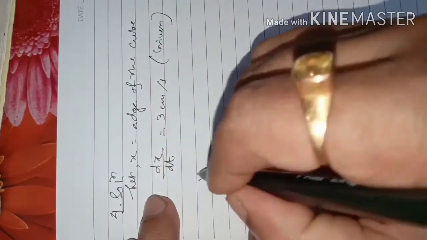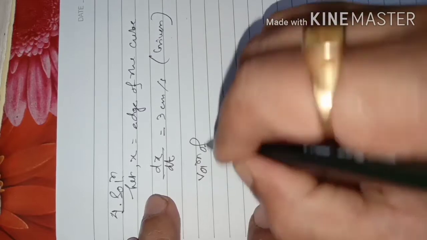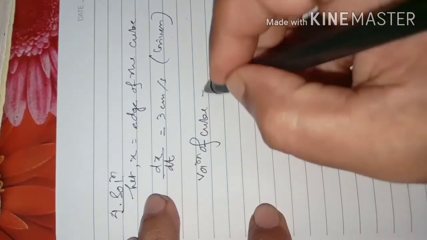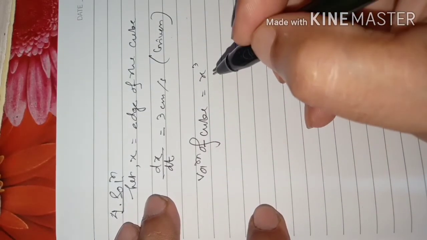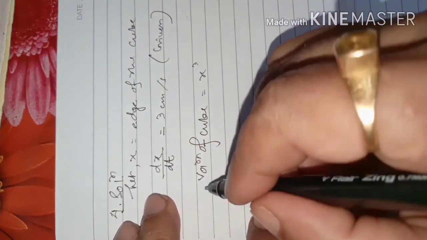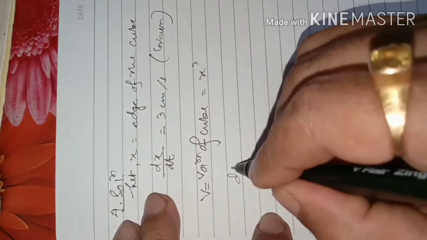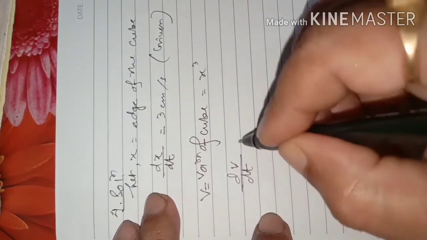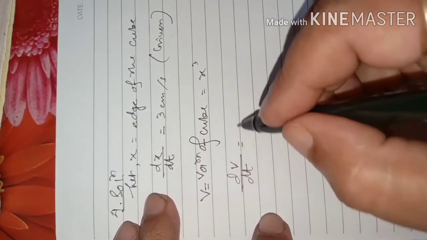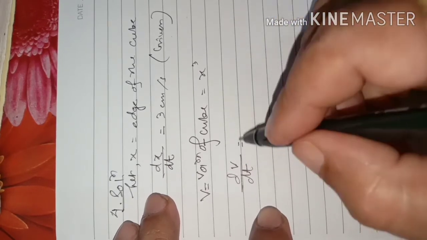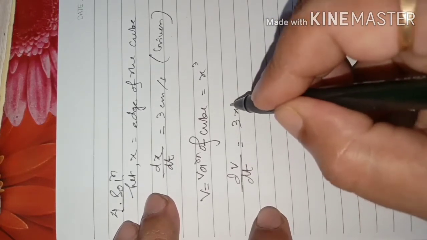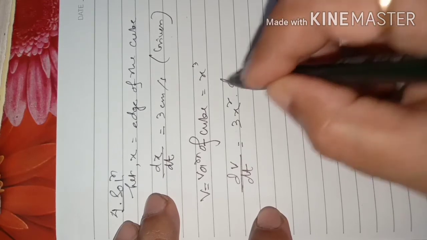And volume of cube is equal to x cube. So say V is the volume of the cube. So dV by dt, the rate of change of volume with respect to time, is 3x square into dx by dt.